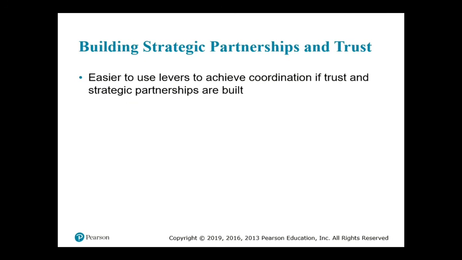And also when there is trust and coordination, if supply chain parties trust each other, then the previous levers we talked about are also easier to achieve. One thing that's critical to build trust is to share accurate information.